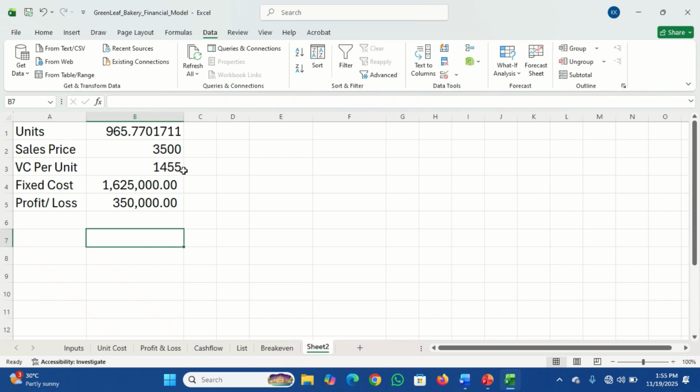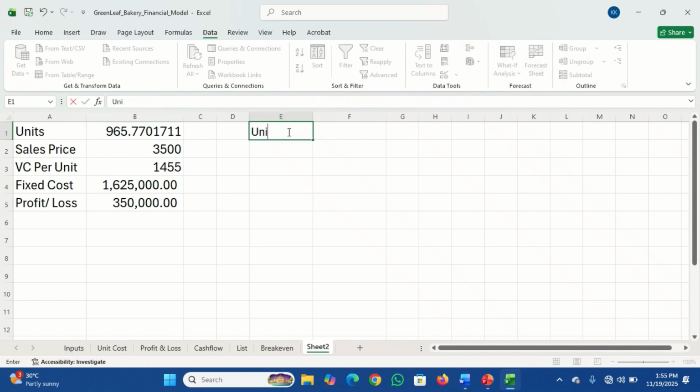Okay, now you understand that we are gauging the profit by changing the units we are selling. Now, instead of doing that using Goal Seek, the best way to do it is to use a data table. What we are going to do is to create a table with units sold and the profit and loss that we can get by selling at these units.